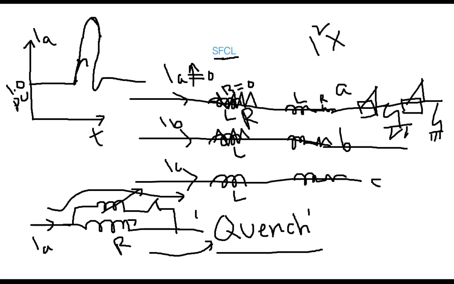Now, one thing is that, as you can see, although I said that the SFCL has a very small value of inductance, but there is some. That's why, even during normal operation, there is some I square XL loss, which is that reactive power loss.